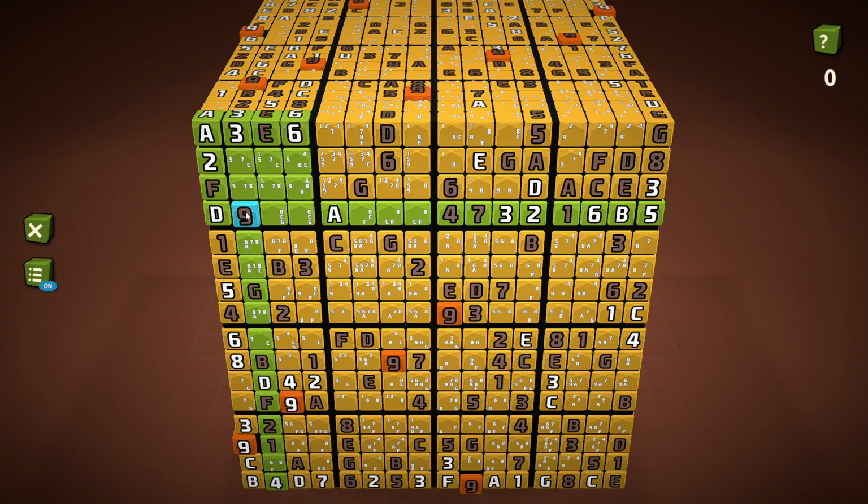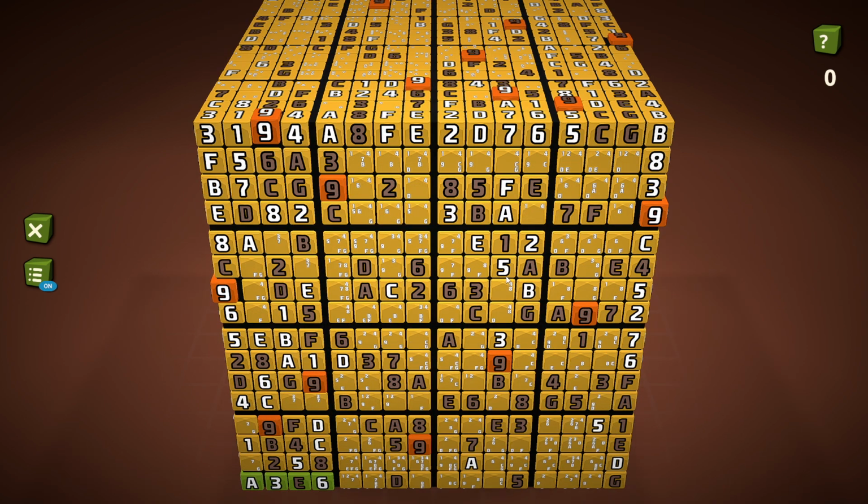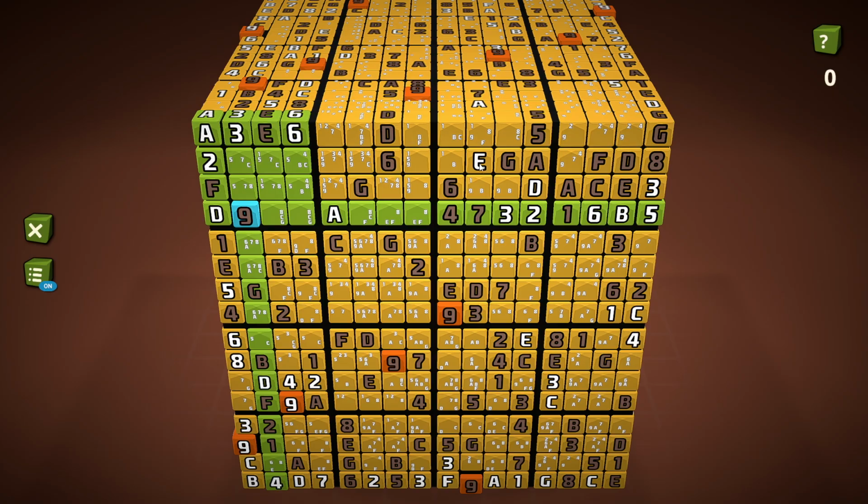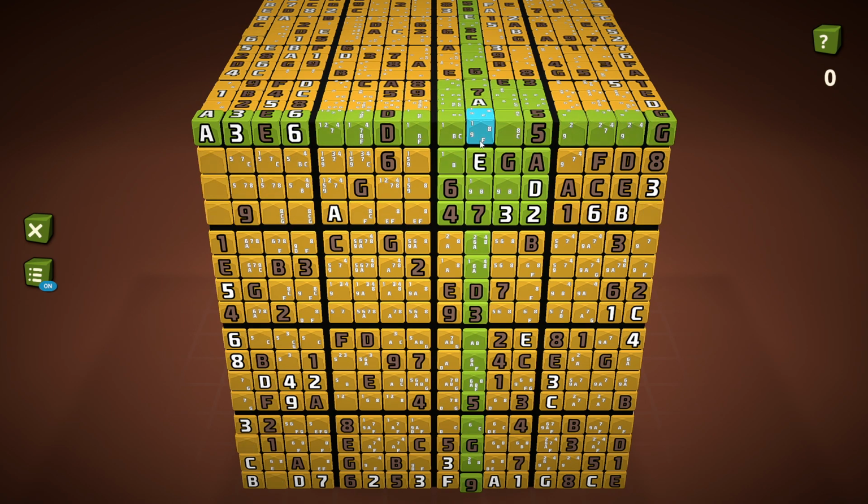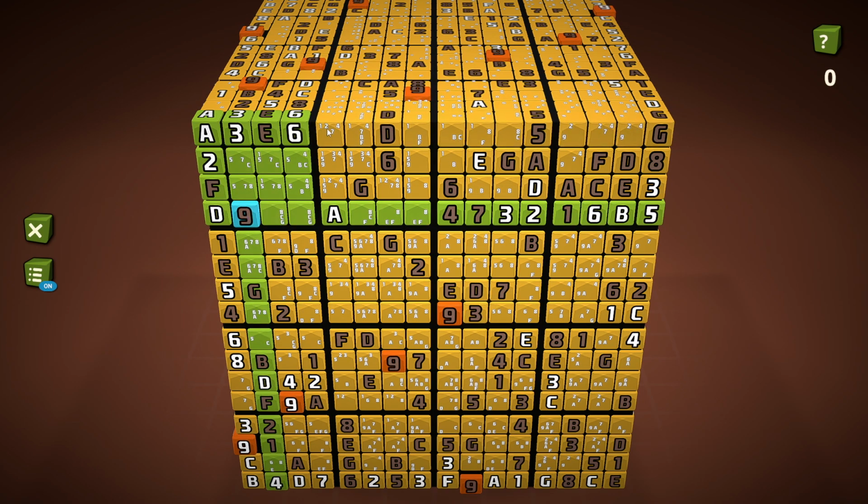Alright, looking at nines instead, maybe? No, okay, well, can't be up here. Wait, this can't be a 9. Hold on. This top row individually each can't be a 9.